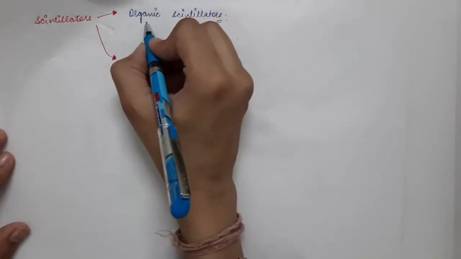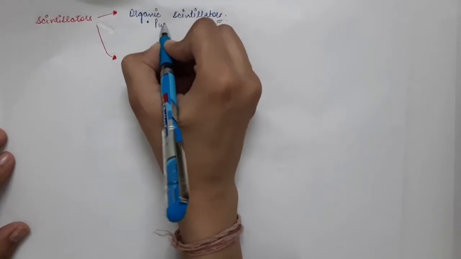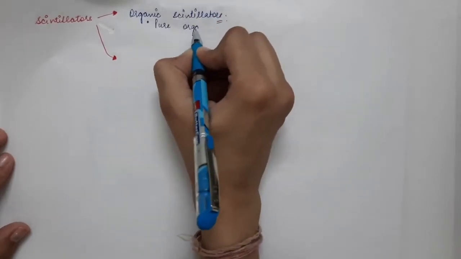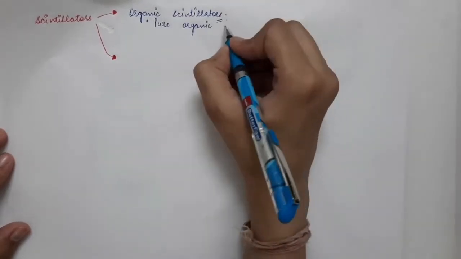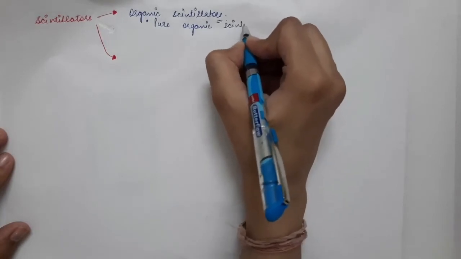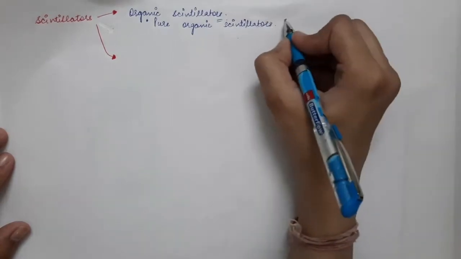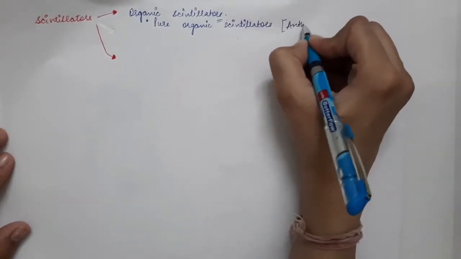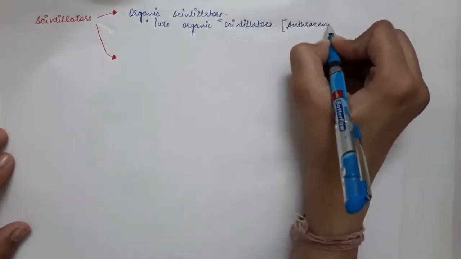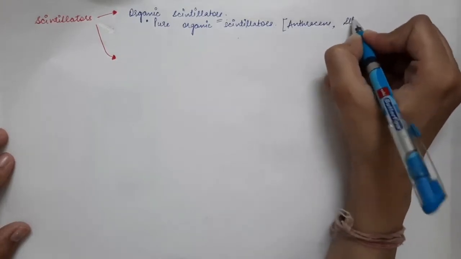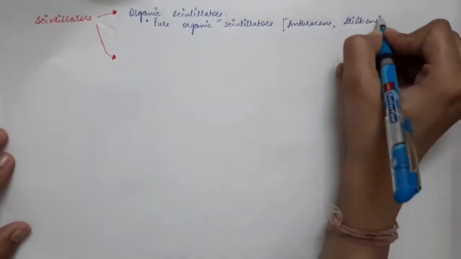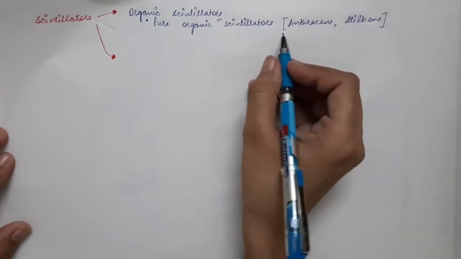The first one is pure organic scintillators, which are in their pure form. Examples are anthracene and stilbene. So they come under pure organic scintillators.